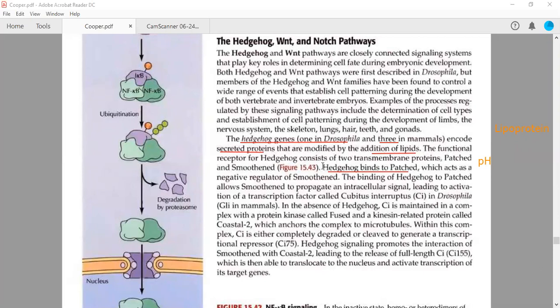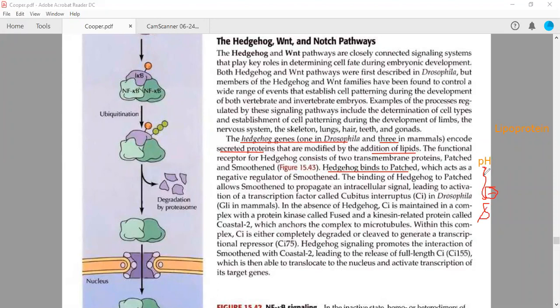This hedgehog protein will interact with the patched receptor, and it will free the smoothened receptor, which patched negatively regulates. So patched is a negative regulator of smoothened.